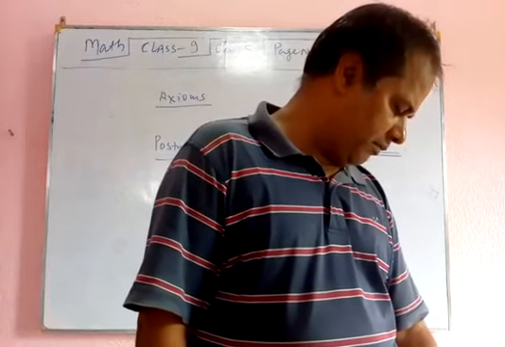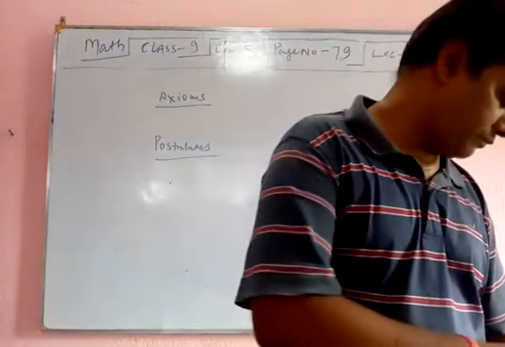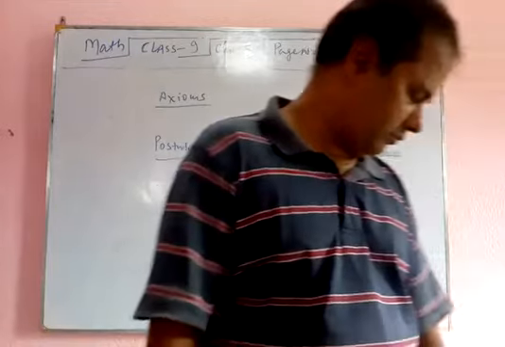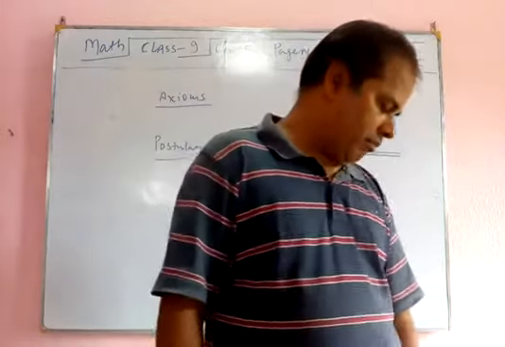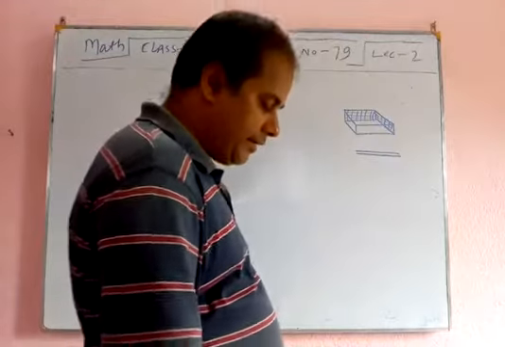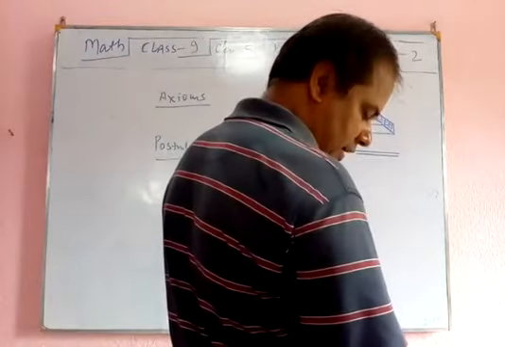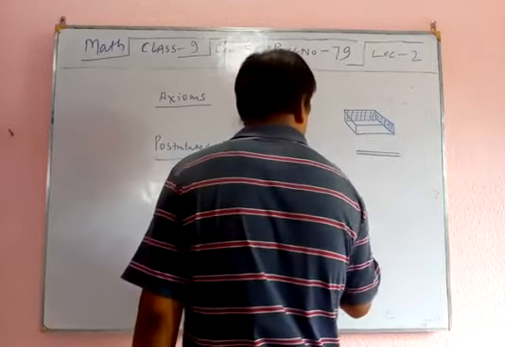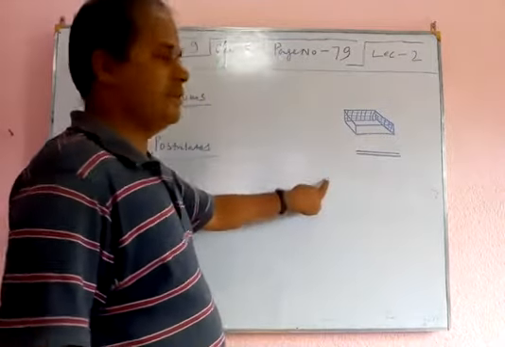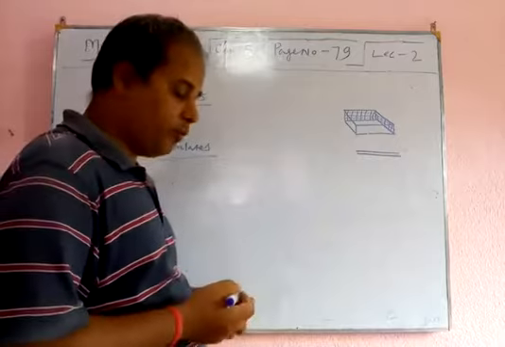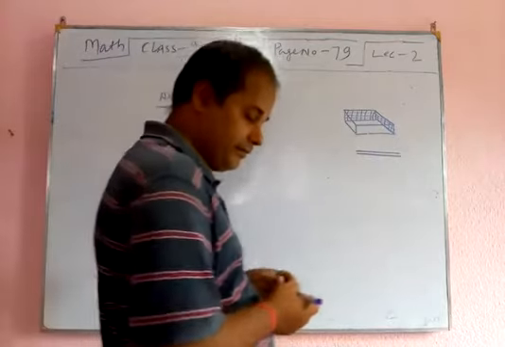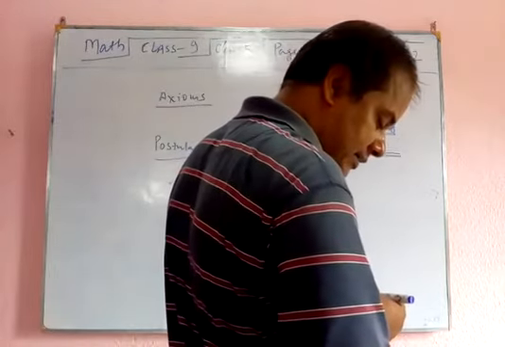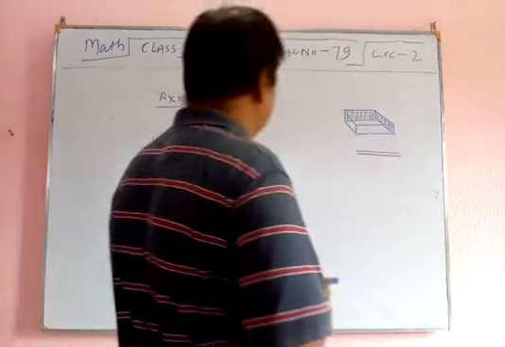A few of them are given below. Number 1. A point is that which has no part. Second, a line is breadthless length.